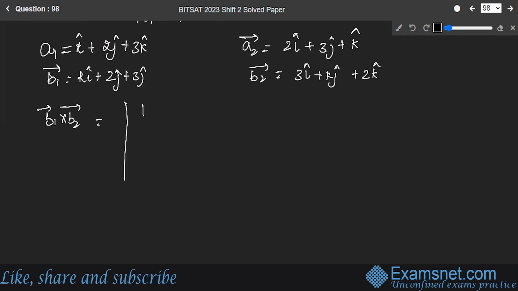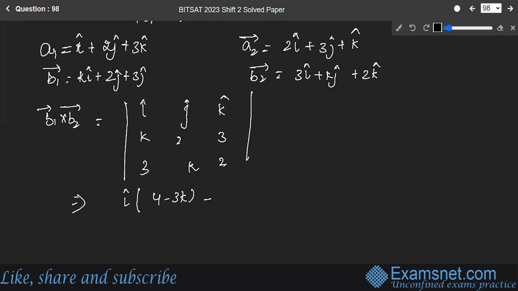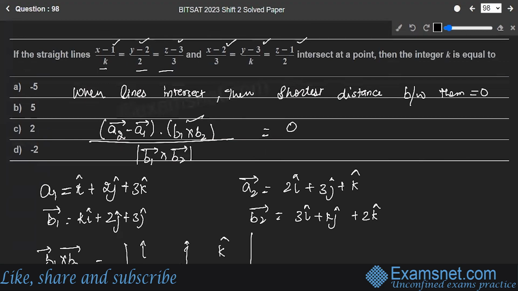This is given by the determinant with I, j, k, then k, 2, 3, and 3, k, 2. Okay, so this is equal to I into 4 minus 3k minus j into 2k minus 9 plus k into k square minus 6. Now you have to find out this A2 minus A1.